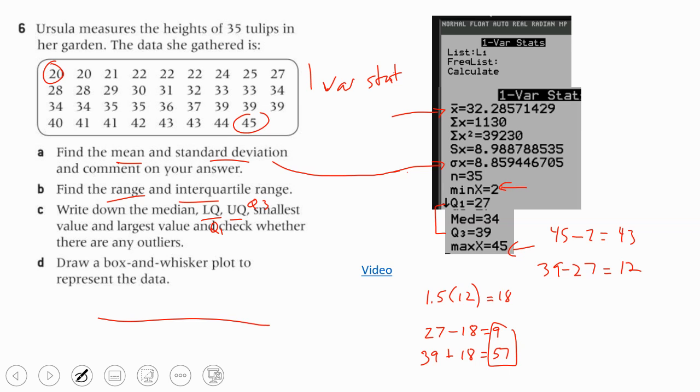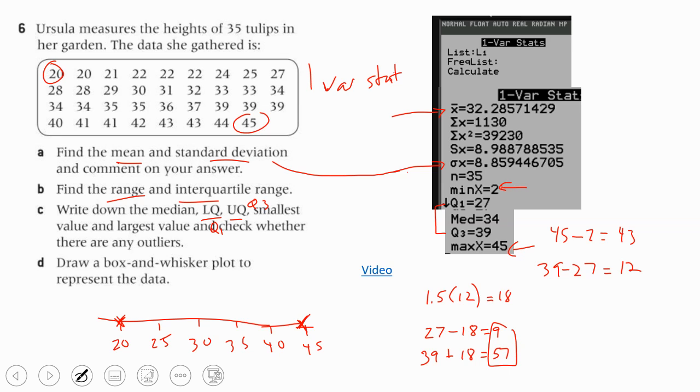Last one, draw box and whisker data. All the values you find in C, you're going to do that, come up with the scale. This data goes from 20 to 45. So I'm just going to pick a scale to go by 5s here. Make a point at the smallest. I'll make an X. Point at the largest.